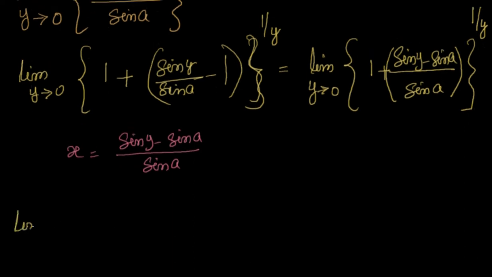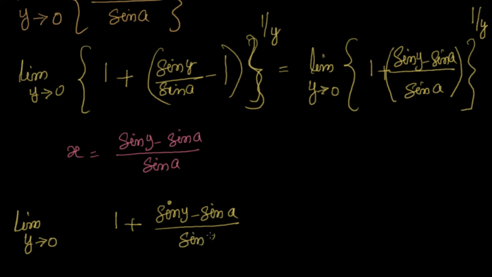I will say limit of y tends to 0. I'll not put any brackets because I don't know how many levels it will go. Let us see. First I will have 1 plus sin y minus sin a divided by sin a, to the power of 1 by x.